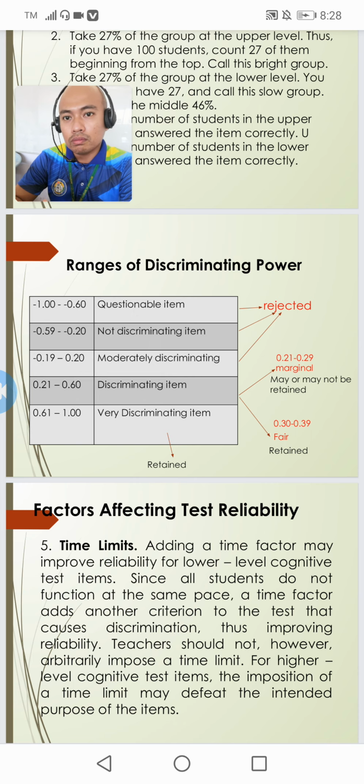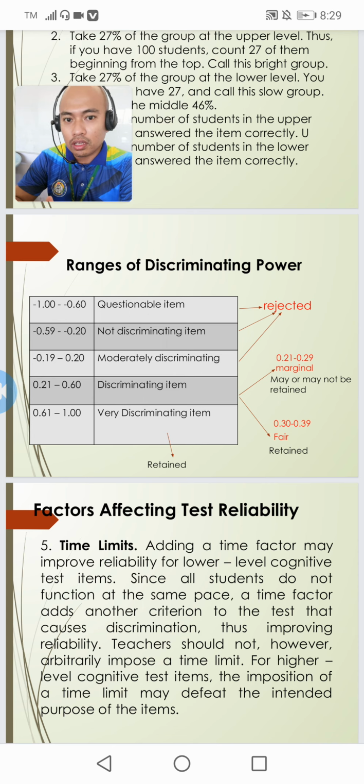Now, what if the range of the index will come from 0.21 to 0.60, positive 0.21 to positive 0.60. So that's the time to have a discriminating item.